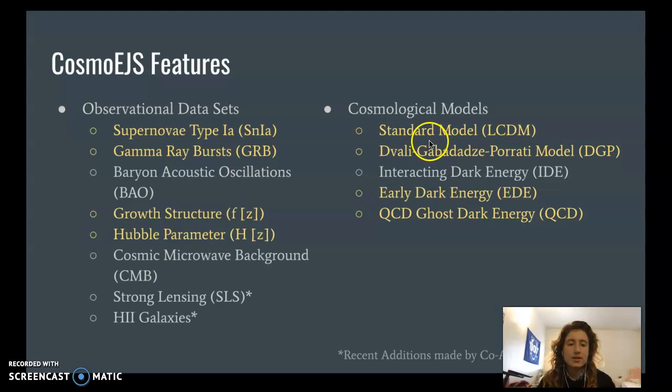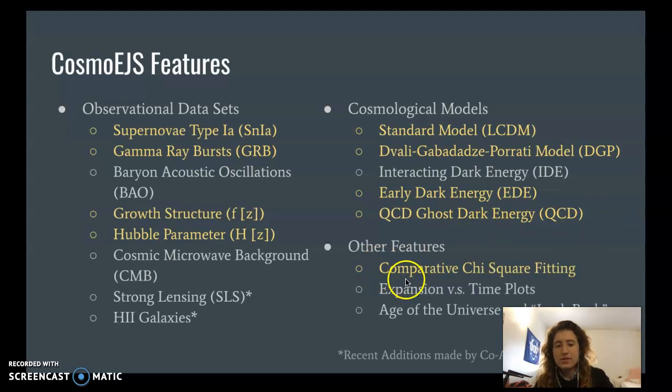We have, of course, the standard model. We have the DGP model, which has been proven many times in literature to not be favorable, as well as what I have added, which is the early dark energy model and the quantum chromodynamic ghost dark energy model. Both of these are exotic dark energy models, which suggest something other than the cosmological constant is responsible for our acceleration.